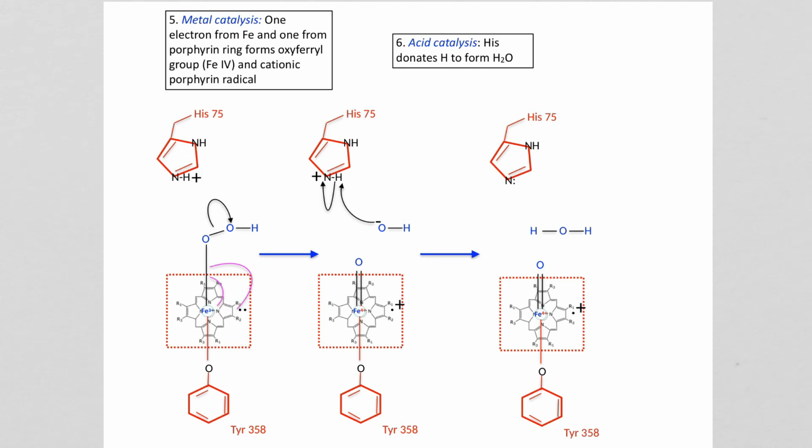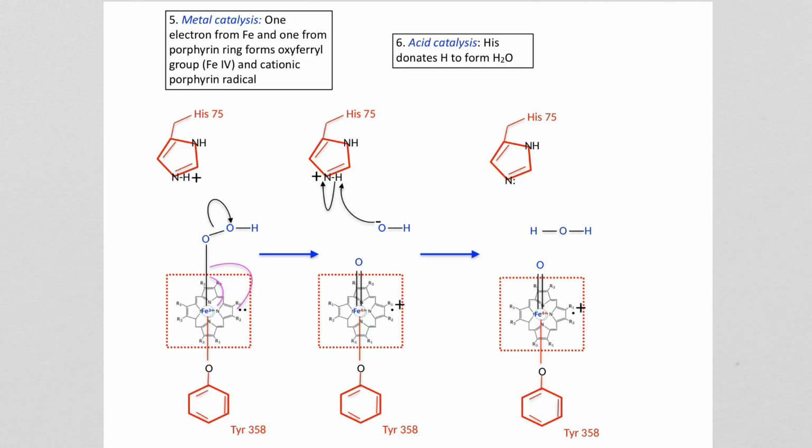This will cause the iron to be transformed from Fe3+ to Fe4+, and the porphyrin ring will become cationic. So it forms a cationic porphyrin radical.